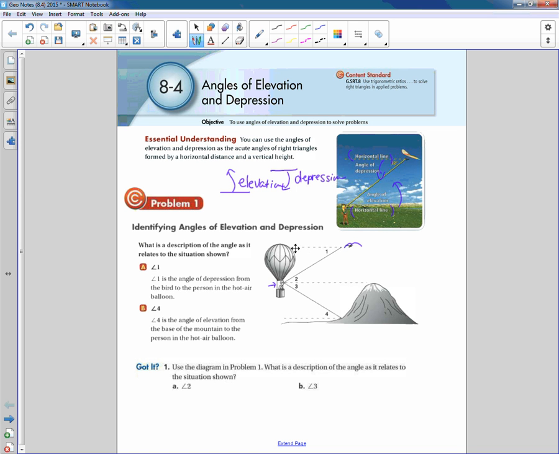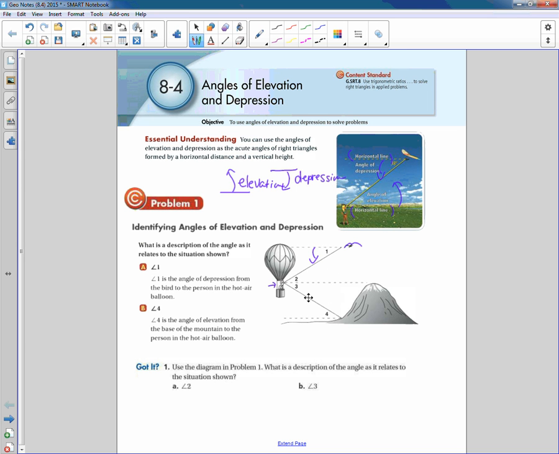So the horizontal line for the bird actually is here, and then it's looking down on, if you will, the person that's in the hot air balloon. So if you consider that the bird is actually looking down on the hot air balloon, then number 1 becomes an angle of depression.